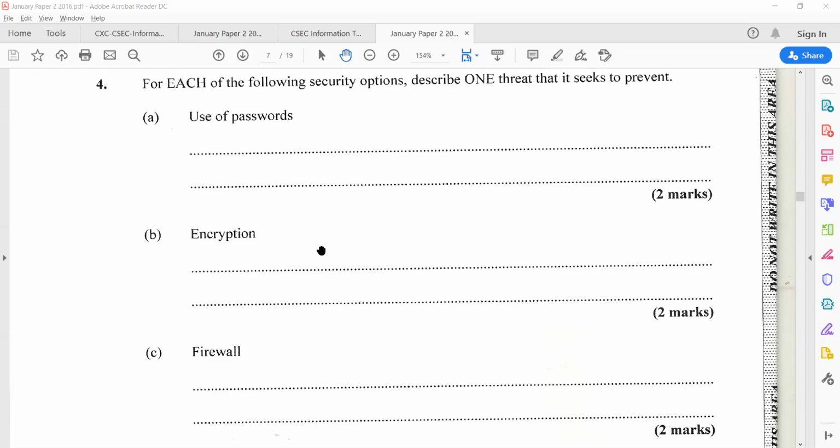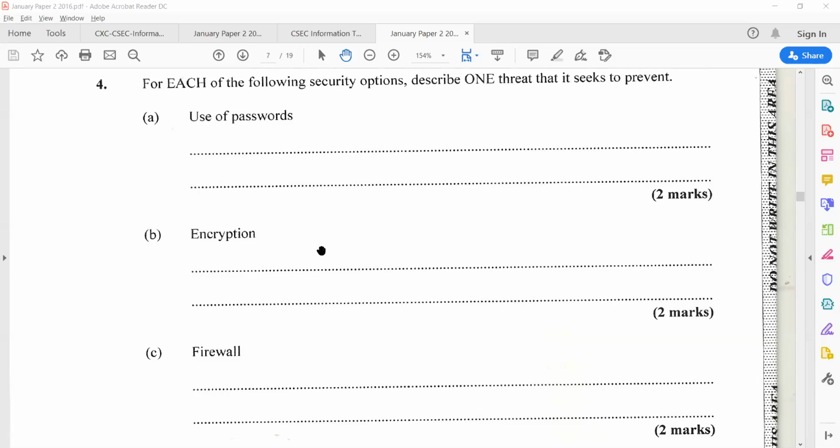A security threat attempts to take advantage of a vulnerability or weakness in a system or its data. So what sort of vulnerability or weakness would passwords be used to help with? Yes, the answer came in there. Basically unauthorized access, to prevent someone from accessing your data or data they should not be accessing.